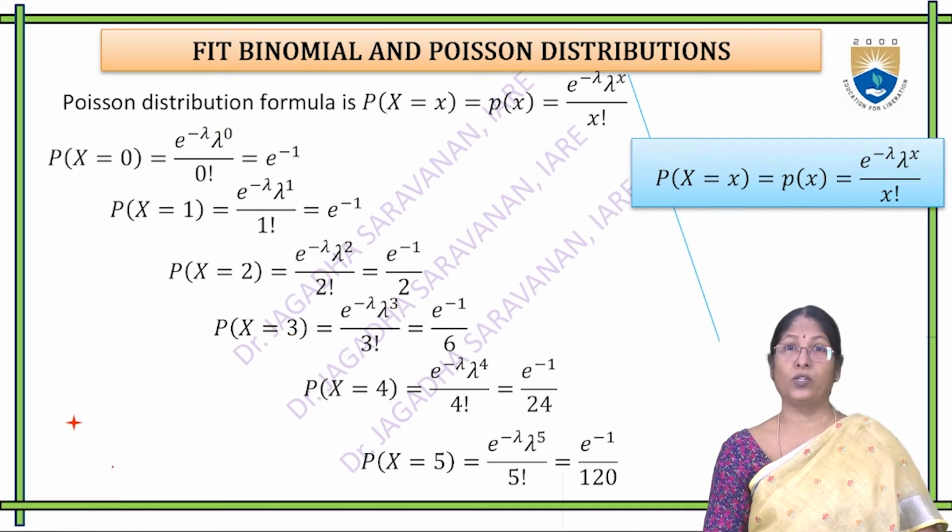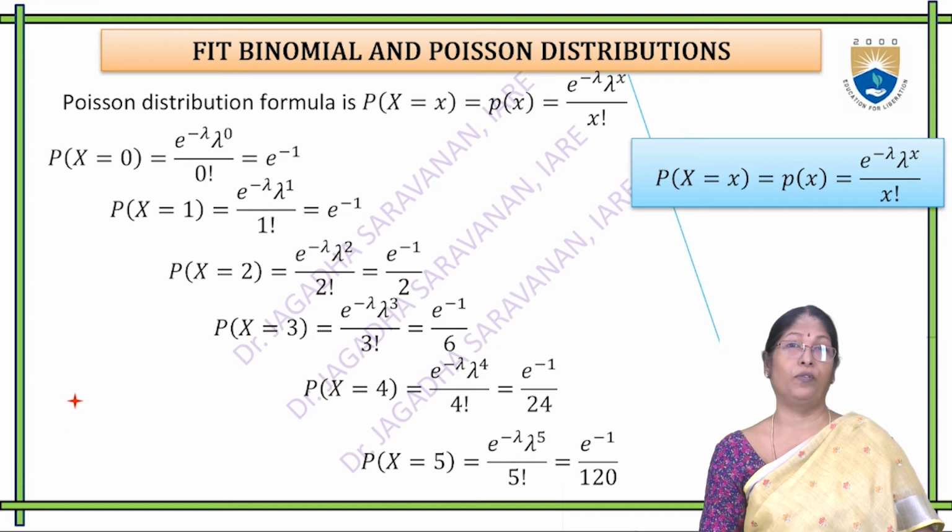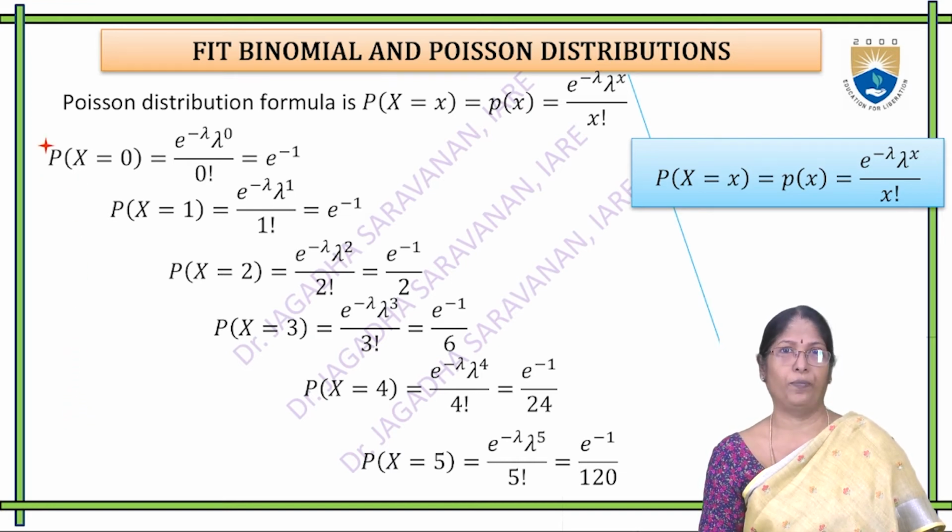So we can see what steps we actually followed. The given data is 0 to 5: first x equals 0, then x equals 1, 2, 3, 4, 5, and we focus only on x.